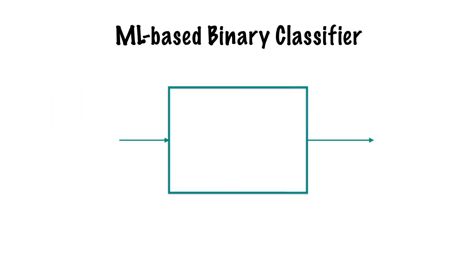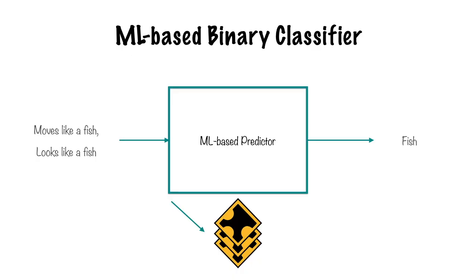Because this is a purely mechanized process, we have to be careful about directing the attention of our classifier to the right attributes. If we told our ML based predictor that this is an animal which moves like a fish and looks like a fish, and that those attributes are what matter, most likely it would make the prediction that whales are fish. To prevent pitfalls like these, it's important to have a corpus of correctly labeled instances.